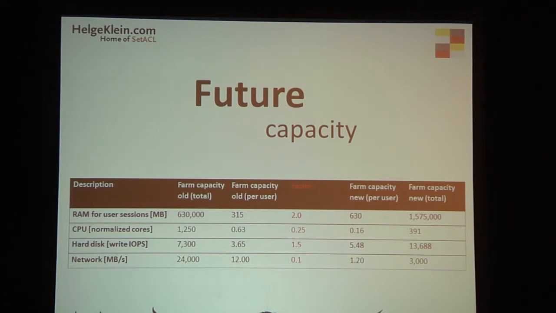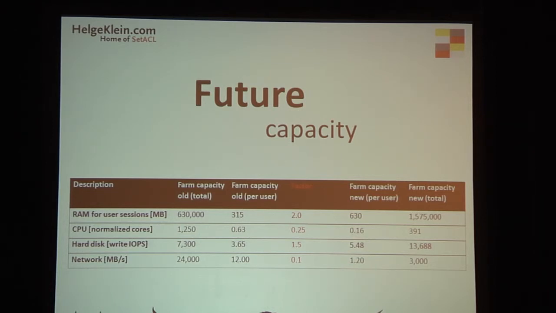I take this value, 315 megabytes of available memory per user, multiply it with this, and get a new value. If now I know I need 630 megabytes per user, I multiply it with my user count, which may be higher or lower in the new farm. In this case, it was a little higher, and I get the total amount of RAM I need in the farm.